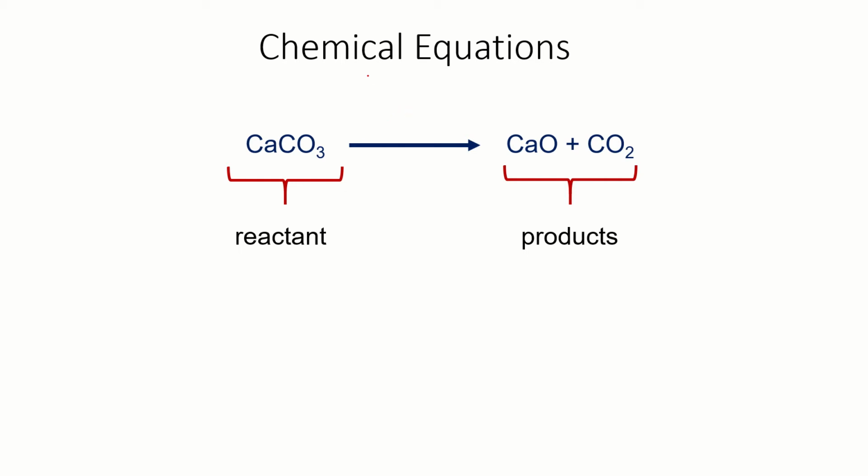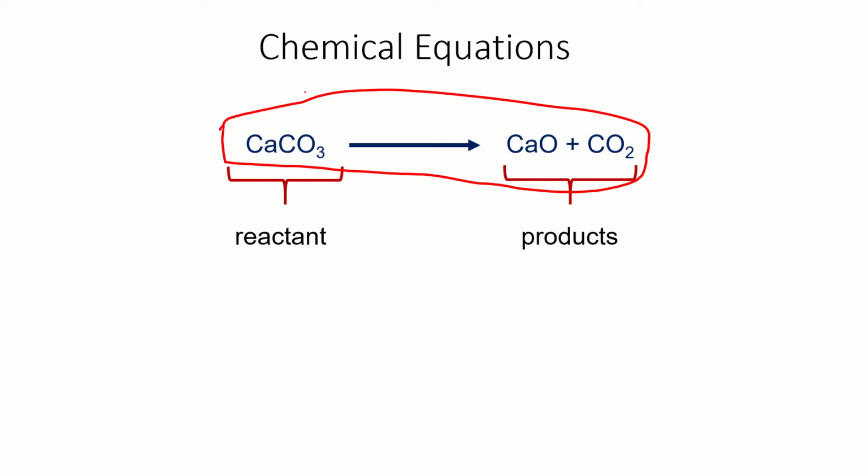And when we come to balance chemical equations, we consider the concept of conservation of matter, meaning that if this reaction takes place in a closed system, if nothing is moving out or nothing is moving in, the number of atoms you have on the reactant side should be the same number on the product side. If you have only one calcium atom on the reactant side, you should have only one calcium atom on the product side.